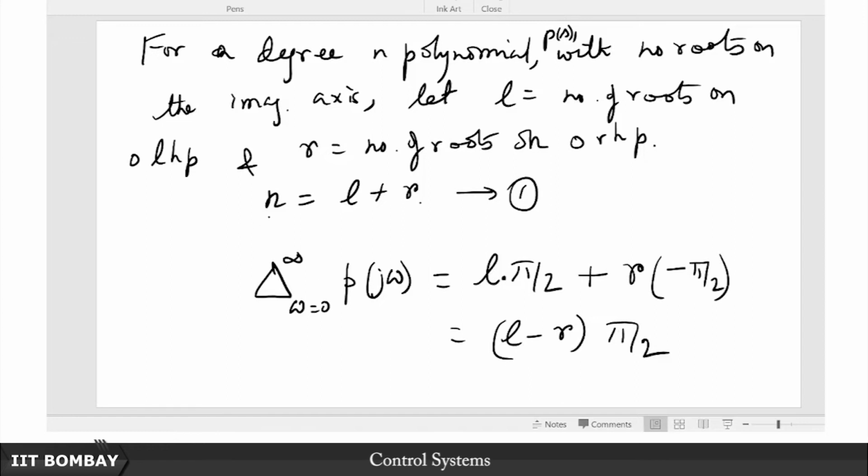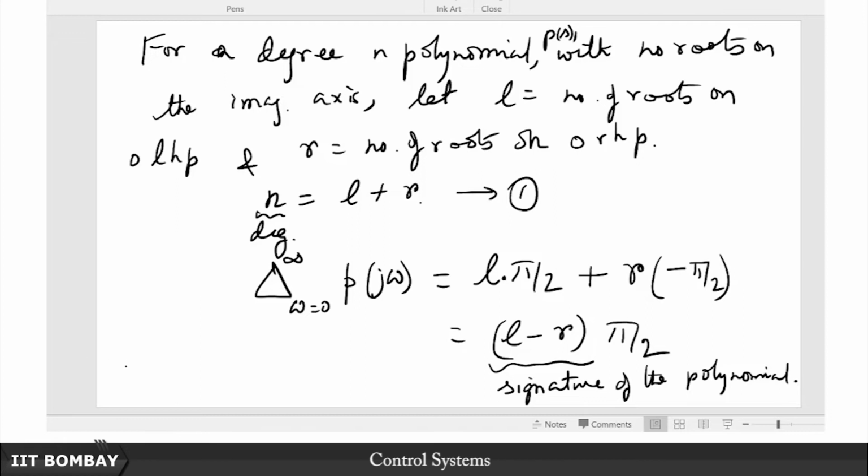Just like n is called the degree of the polynomial, this L minus R is also given a name: it is called the signature of the polynomial. Notice that instead of giving you L and R directly, if I give you the degree and the signature, I have given you L and R indirectly, because they can be uniquely solved.